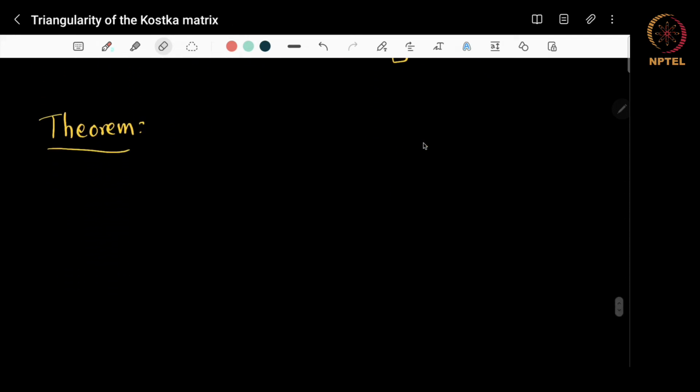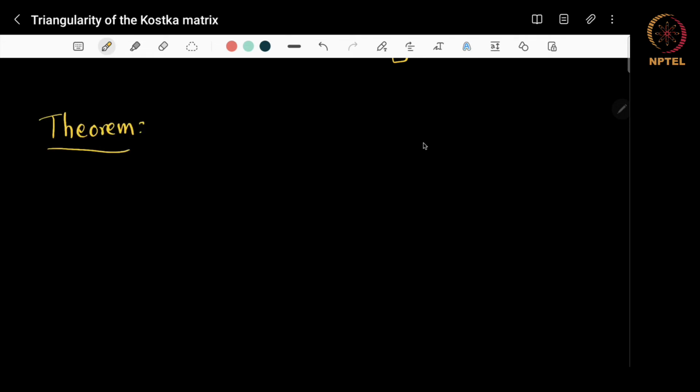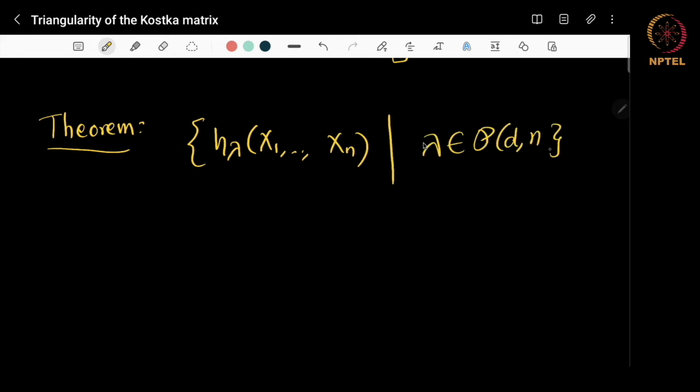Now here's the theorem, which says that the H's and the E's that we constructed, the complete symmetric polynomials and the elementary symmetric polynomials, I'm just going to index it by the conjugate for convenience: h lambda 1, lambda 2 of x1, x2, ..., xn.